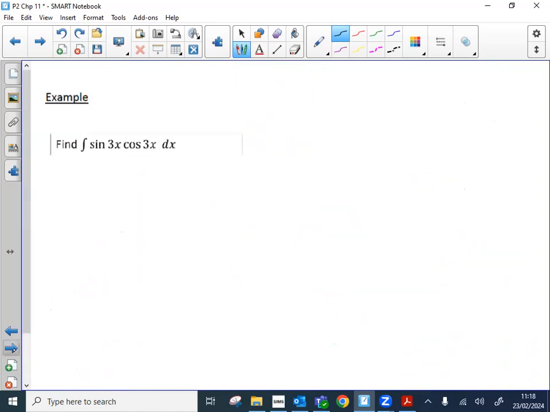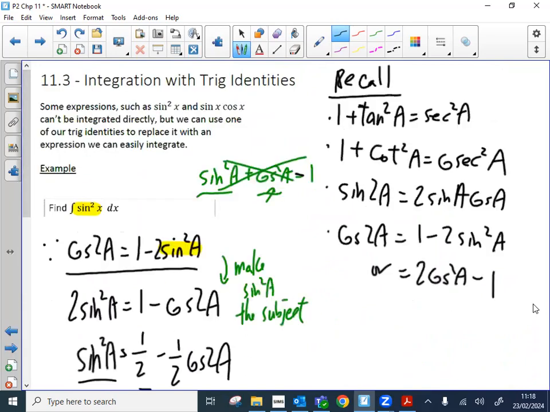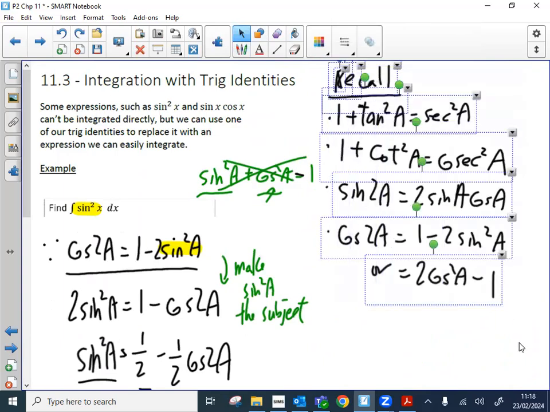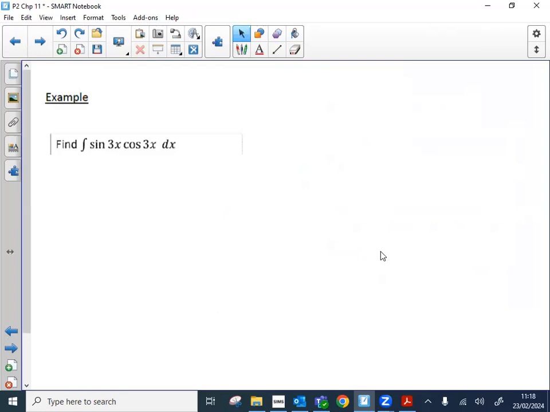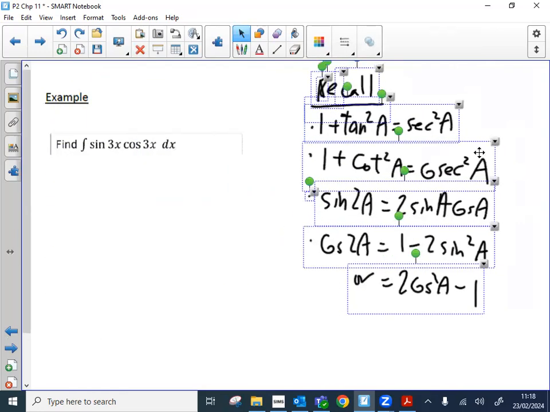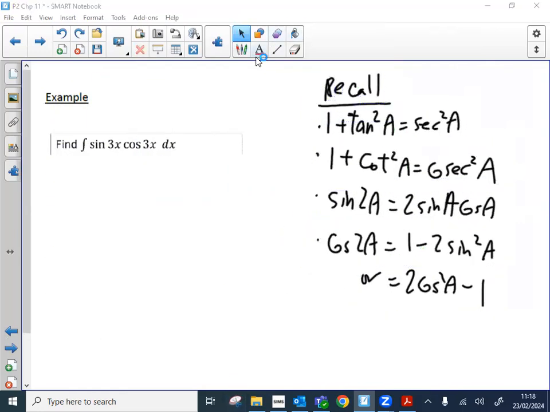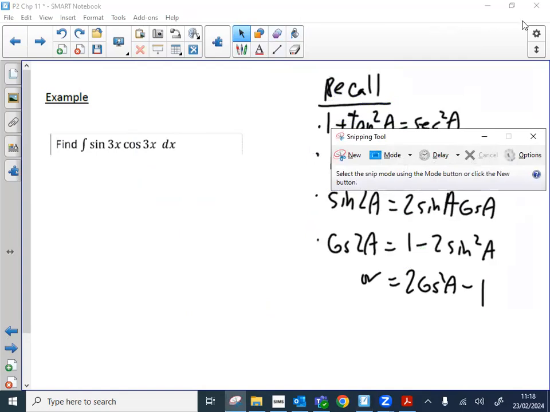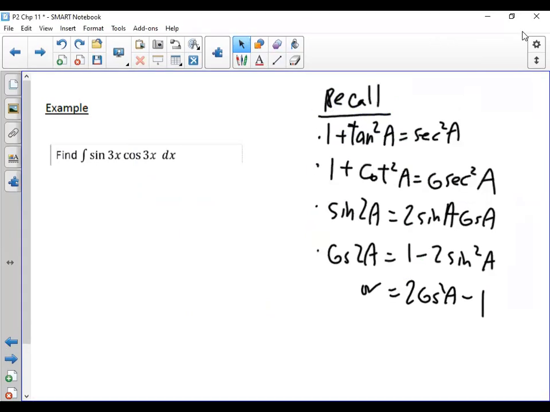Next one: the integral of sine 3x cos 3x. So again, look at this list. Maybe you can tell me which identity might be useful in here. Pause the video and think about it.